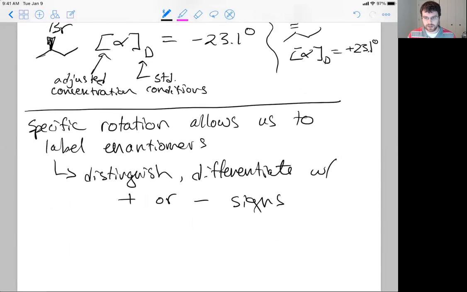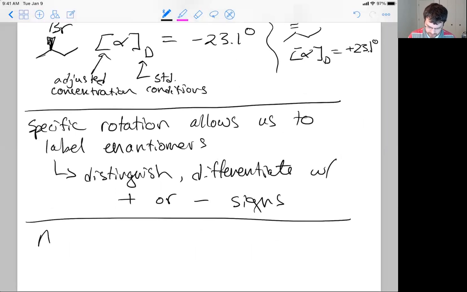Now we have that, but we also have a more classic approach to labeling enantiomers, and that is, I guess, just an alternative approach. This has its roots deep in traditional and classic chemistry.